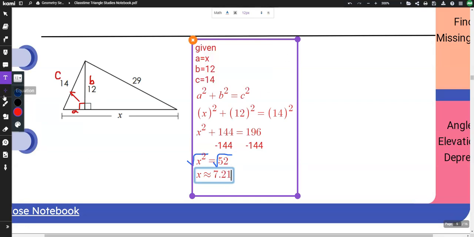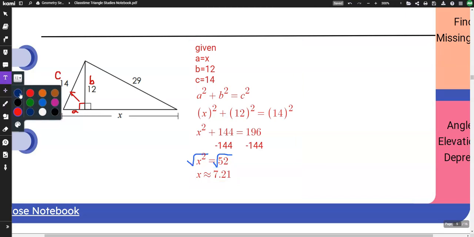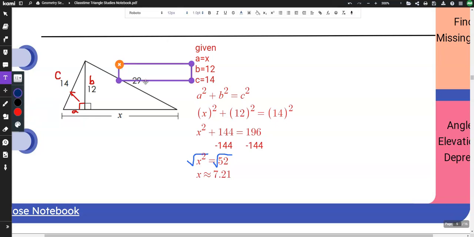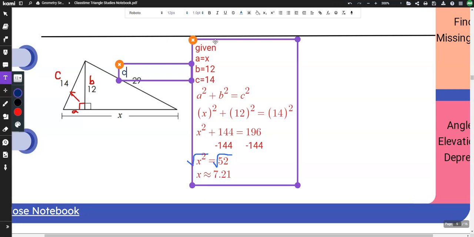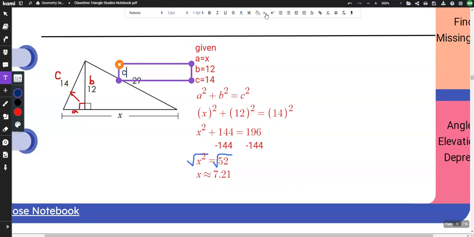And then I need to find the other triangle. So now I'm going to relabel this triangle, but still A, B, and C. Since this one is already B, I'm going to leave it as B. This is my C, so I'm going to do a subscript. Let's call it C2. And then we're going to do A. That gives us new numbers.